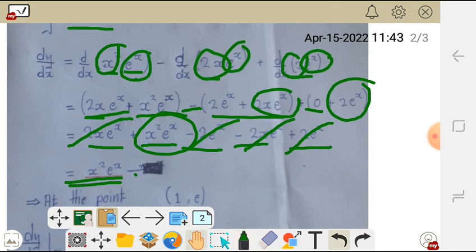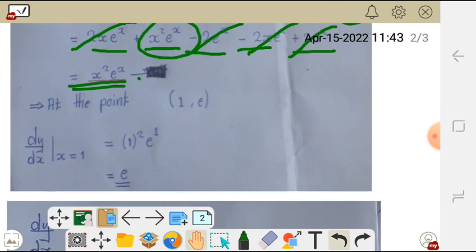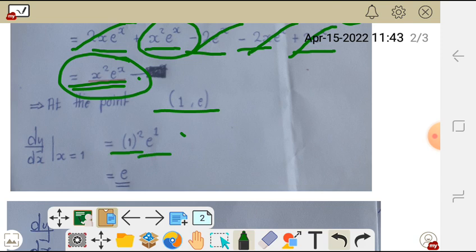From there, let's now find the gradient at the point (1, e). So to find the gradient, we are going to replace our x value in our dy/dx function. Replacing where there is x with 1, we are going to have 1 to the power 2 and then e to the power 1.